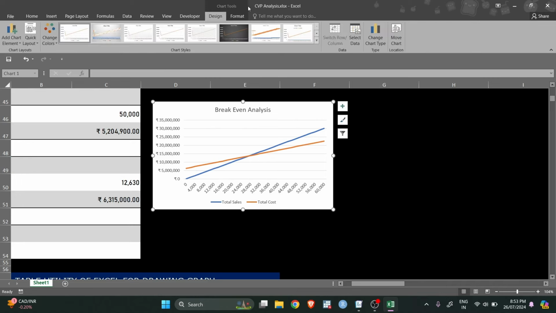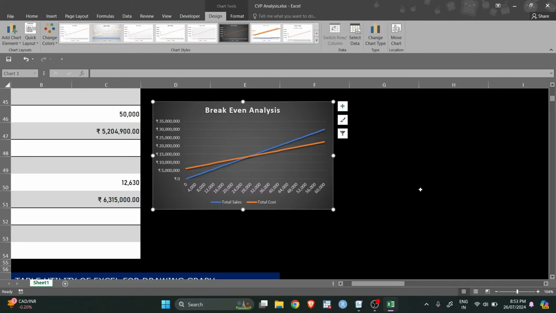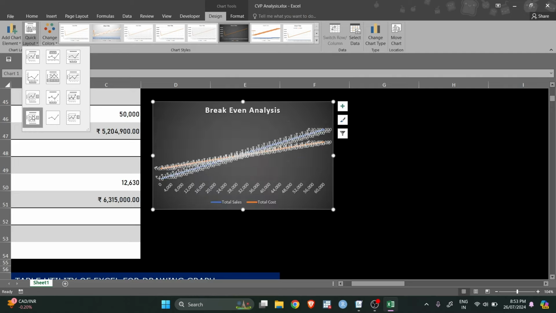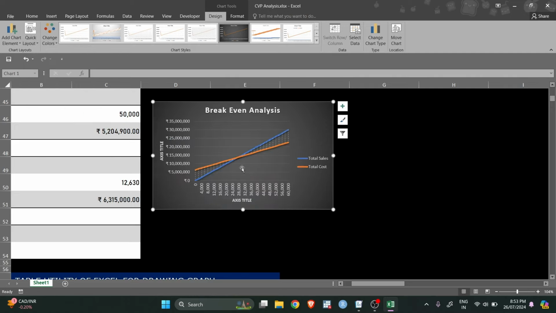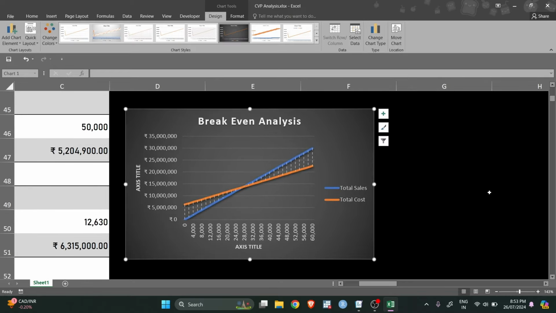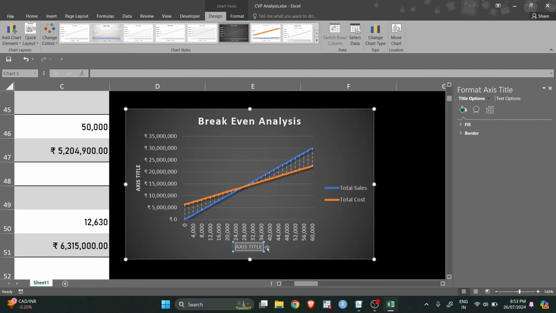I can even change the way it looks, maybe change the layout also. Let's say this. So this is units, and this is total revenue or total cost, right?